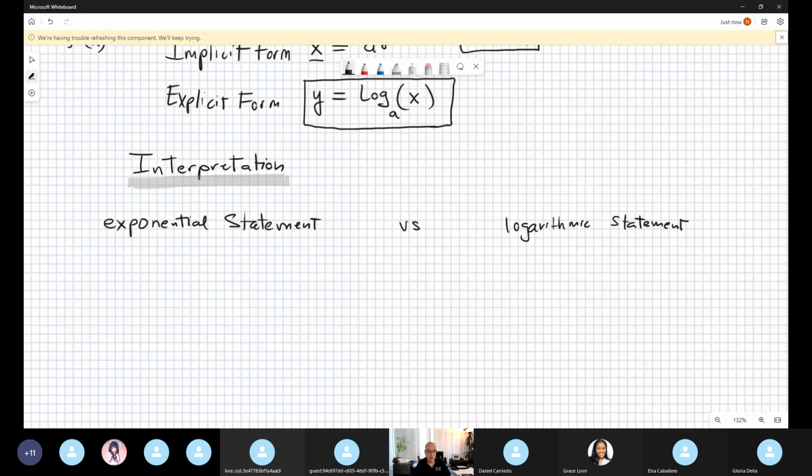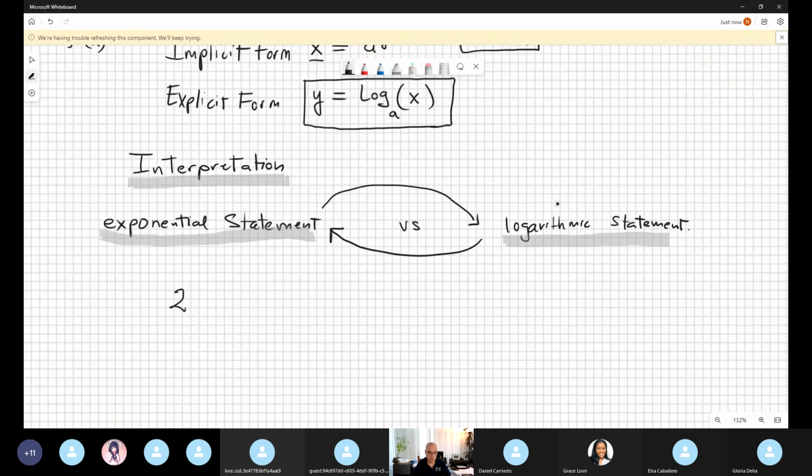For sure, we are doing conversion in both directions. We are doing conversion from exponential to logarithm, or from logarithm to exponential. You need to understand this, and we use it frequently in the chapter.